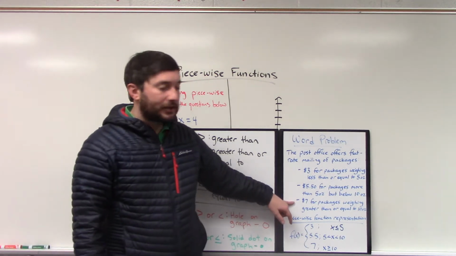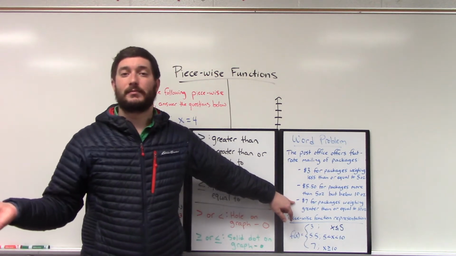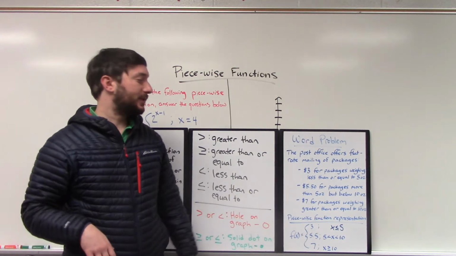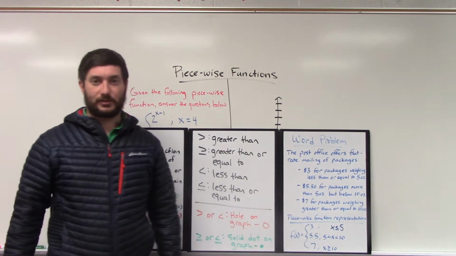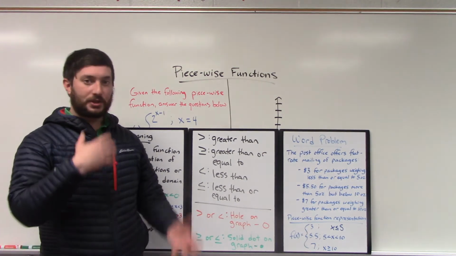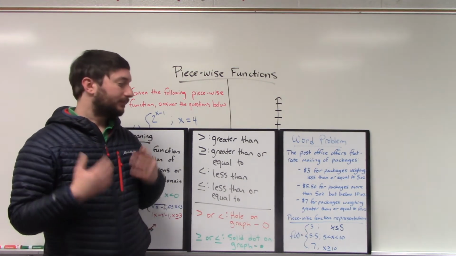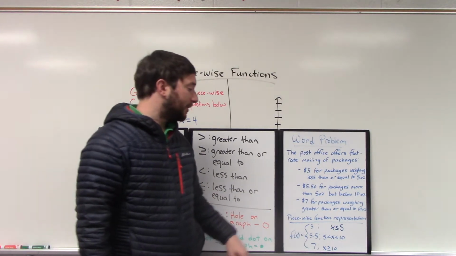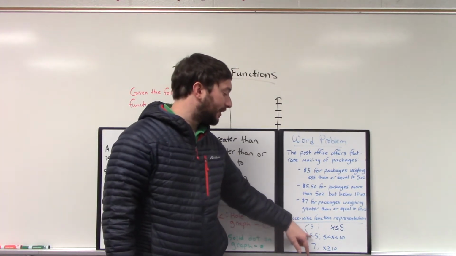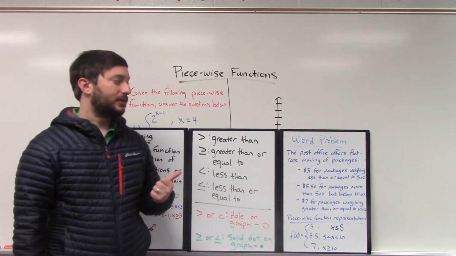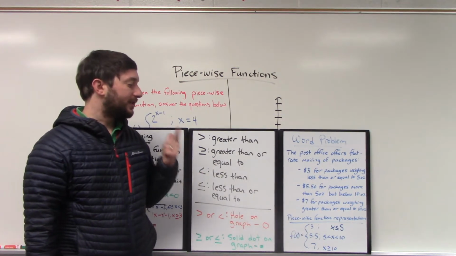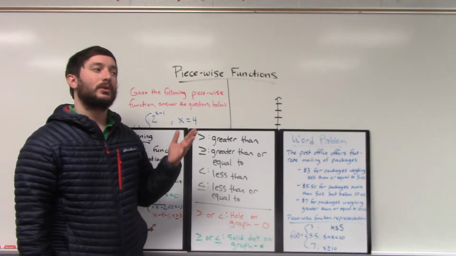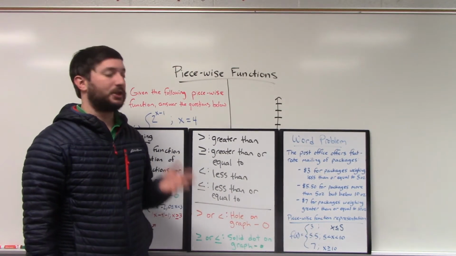And anything that's greater than or equal to 10 ounces, so 10 ounces, 10.1, 11, 1,000 ounces, $7 to ship it somewhere. So this is just one function. You're paying money in any case that you're shipping a package, but there are 3 different scenarios here: a $3 scenario, a $5.50 scenario, and a $7 scenario. And that's all according to what the package weighs.